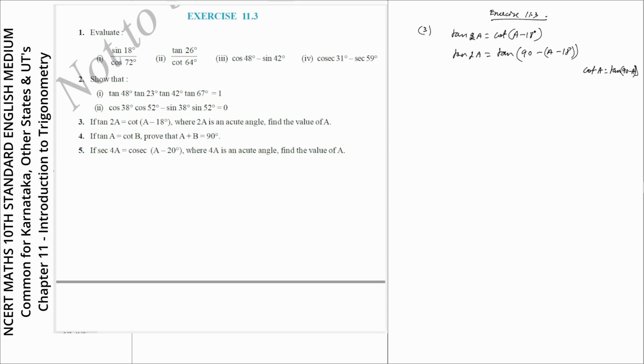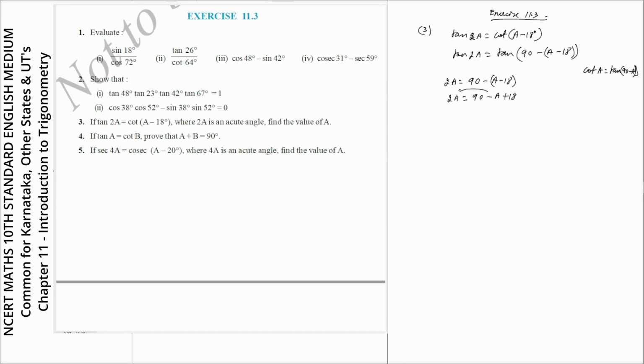So left hand side and right hand side both are same only. That means I can equate the angles. So 2a is equal to 90 minus a minus 18, or 2a is equal to, now I'll open the bracket, 90 minus a plus 18.